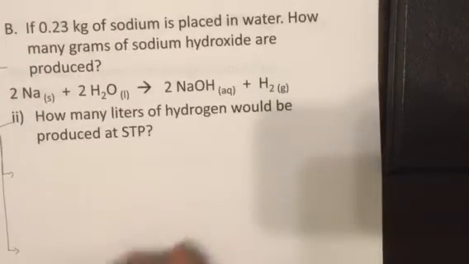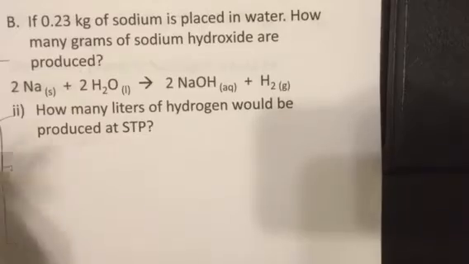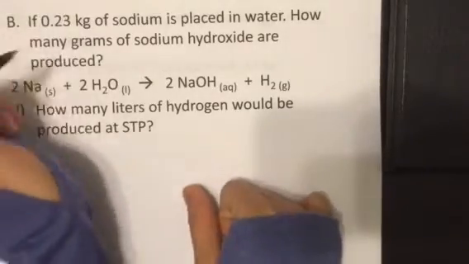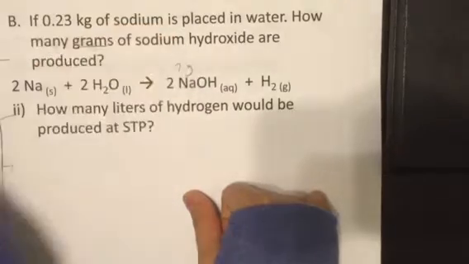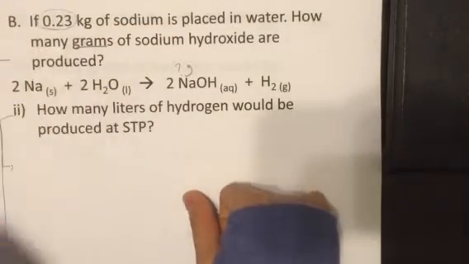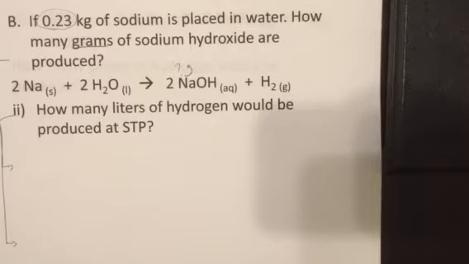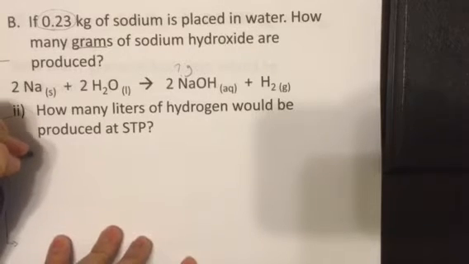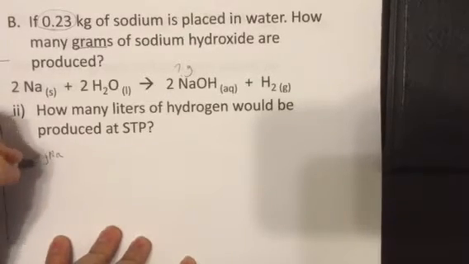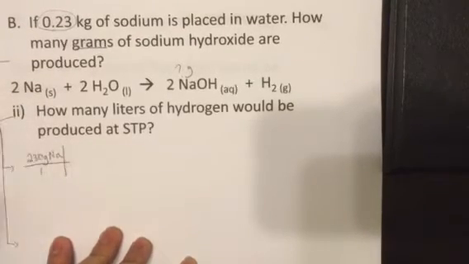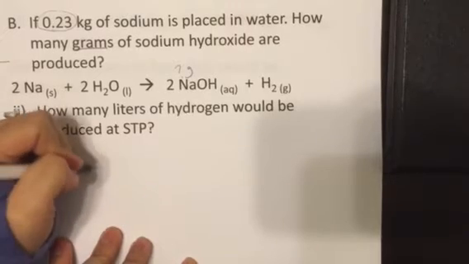Okay. The first problem asks you to solve for grams of sodium hydroxide. So grams of sodium hydroxide if I have 0.23 kilograms of sodium. So I'm going to go ahead and convert that in terms of grams. That's 230 grams of sodium. And I start with what I know, but I have grams here, so I want grams down here.